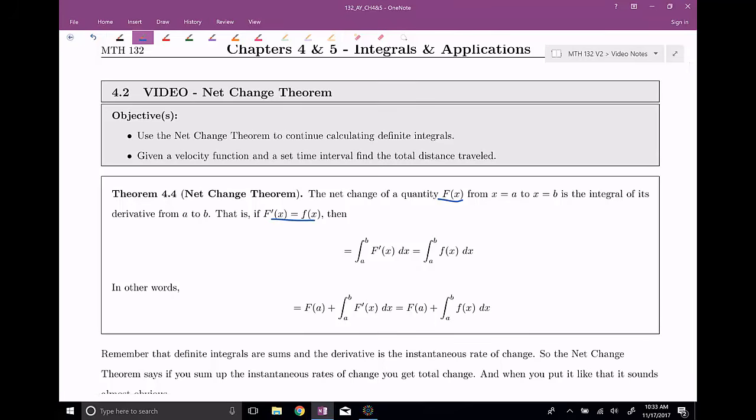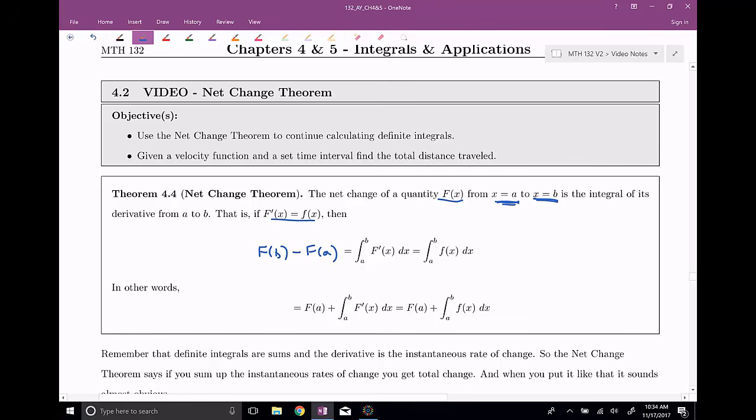And what is this net change? Well, it's wherever you end, so F(b), the quantity that you have at the end of the interval when x is equal to b, and then you subtract away how much you had when you started, F(a), the function's value where you started when x was equal to a.